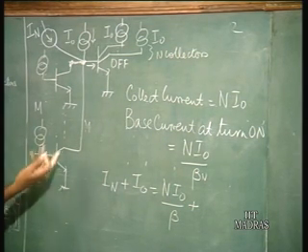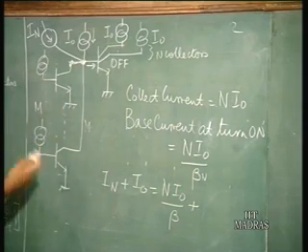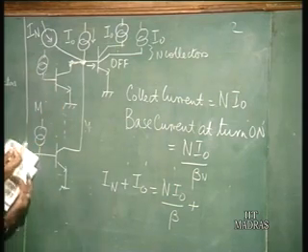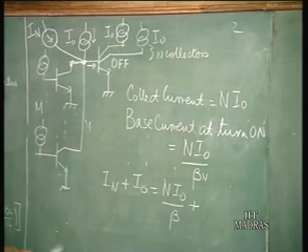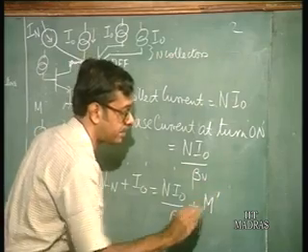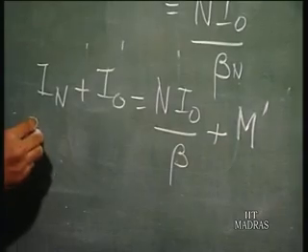So, let us say that m prime is the number of transistors which are on.